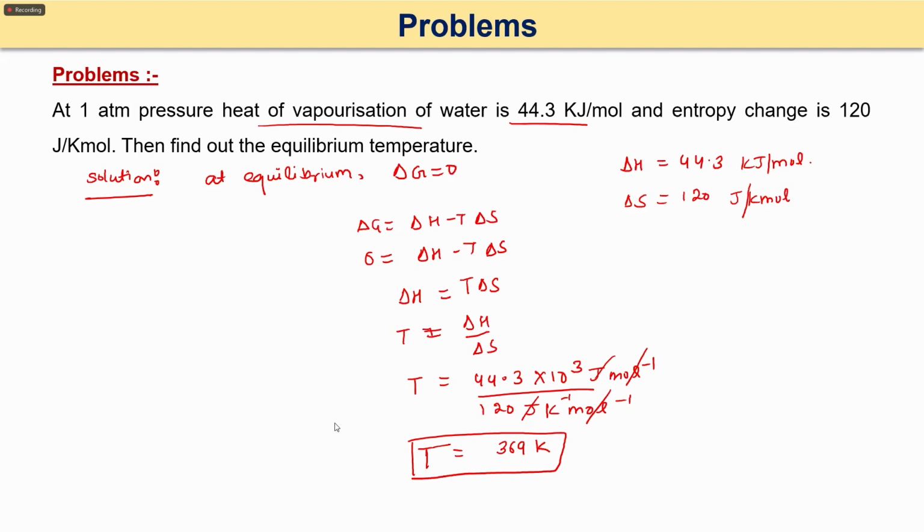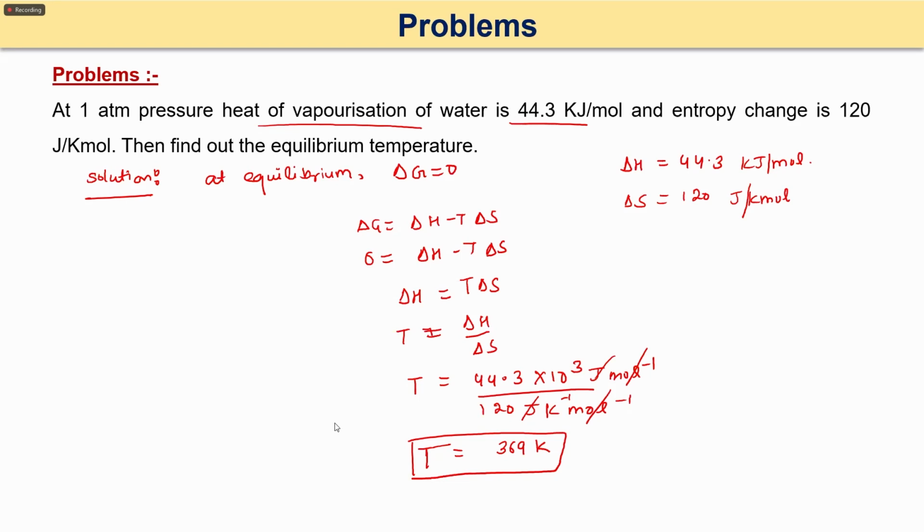So, in conclusion, in this thermodynamics course, we started firstly with the basics, like what is a system and what are surroundings. Then we studied what are extensive and what are intensive properties. After that, we studied the state function and the path function.